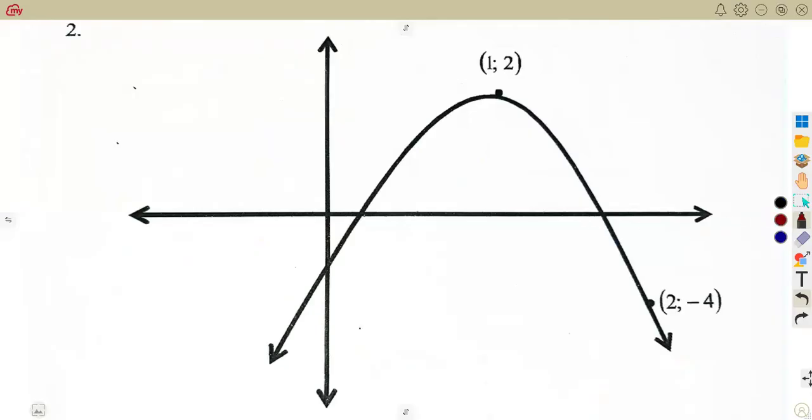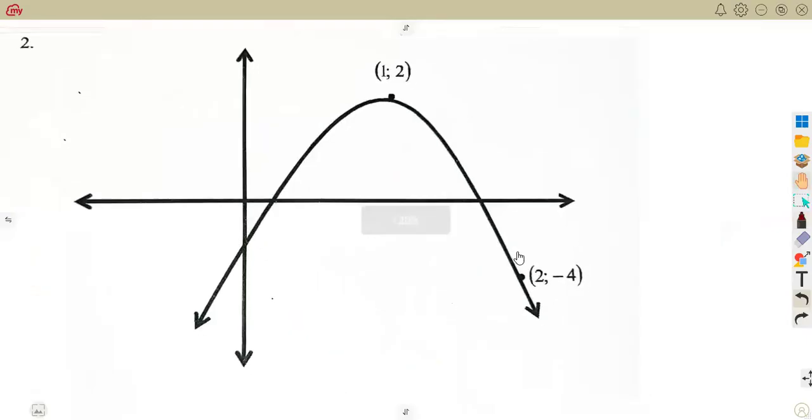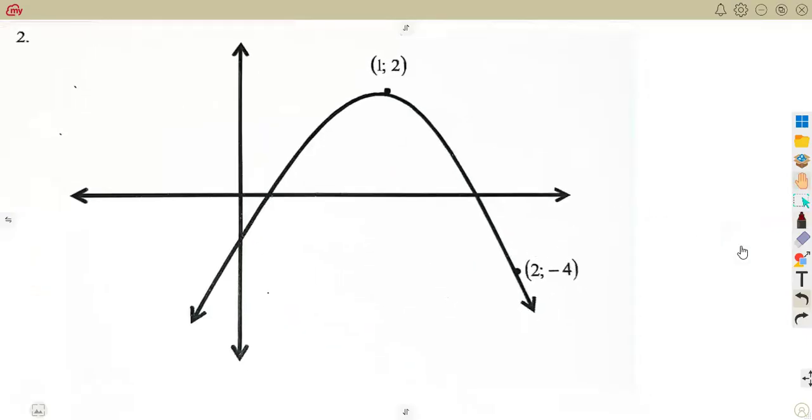On number 2, again, we are still on determining or finding the equation. In this case, we were given the turning point. This is directly the point that we are given there. And we have got the point (2, -4) here, which is any point.